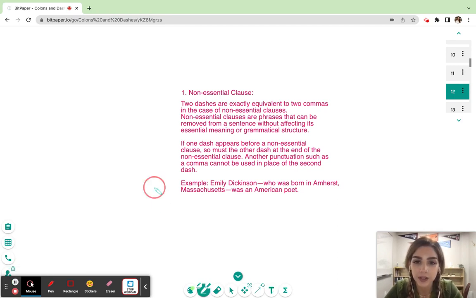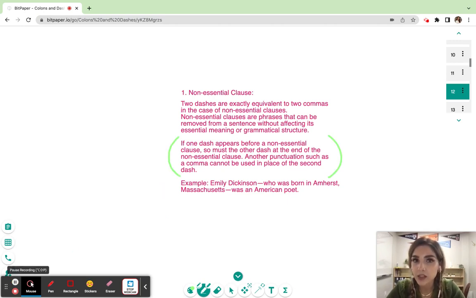To give an example, "Emily Dickinson—who was born in Amherst, Massachusetts—was an American poet." You can see that "who was born in Amherst, Massachusetts" is a non-essential clause. We don't need it for the sentence because "Emily Dickinson was an American poet" can stand alone. But the non-essential clause just gives us a little bit more information.